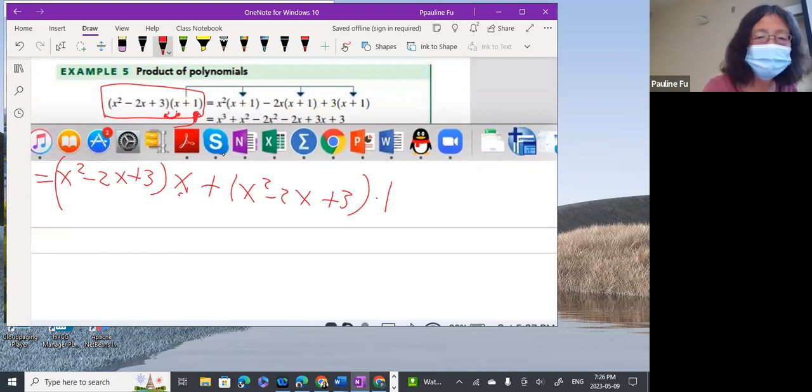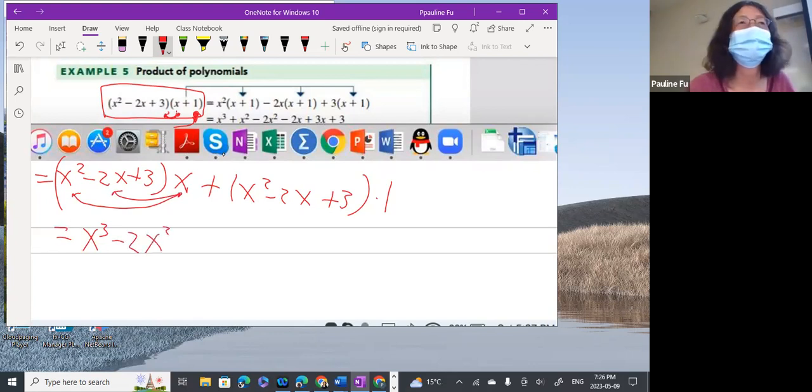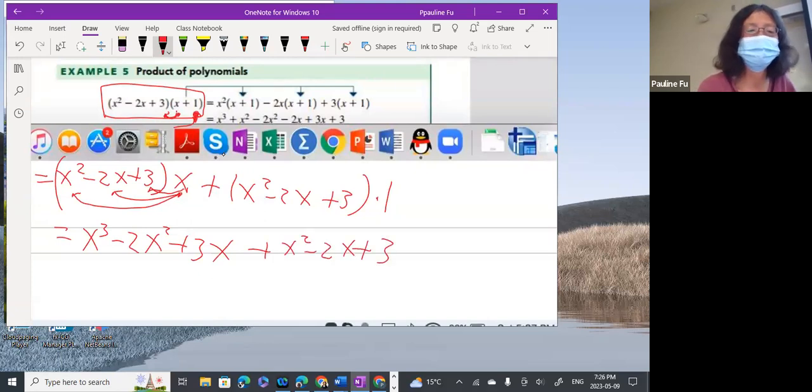And now this x times x squared, x cubed, x times negative 2x, negative 2x squared, x times 3, 3x, and this one times this bracket, you just copy down the bracket. Last step, collect like terms.